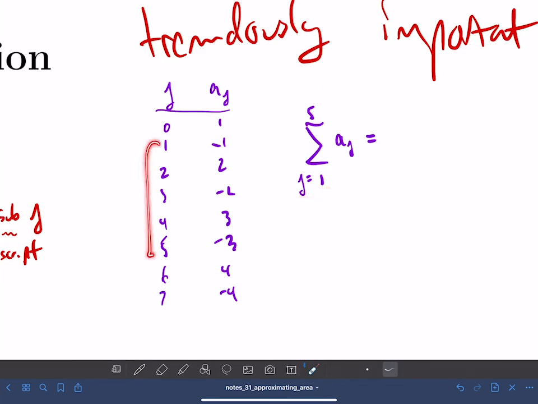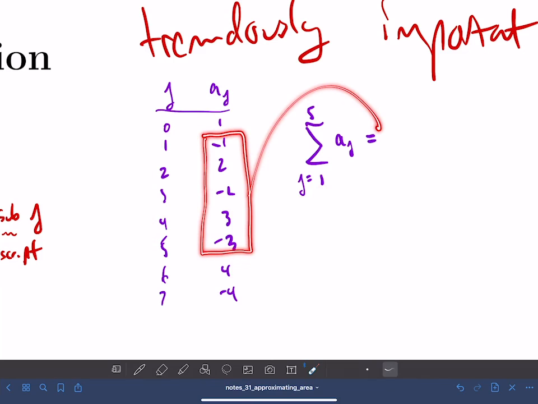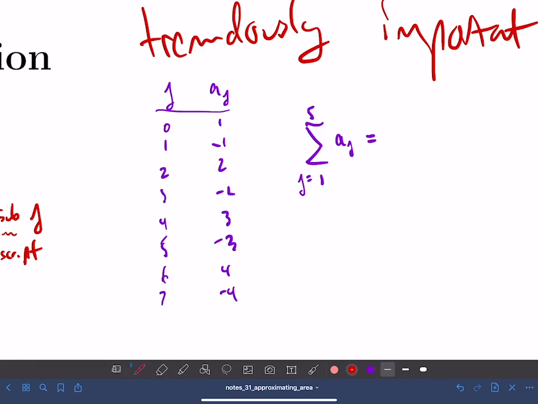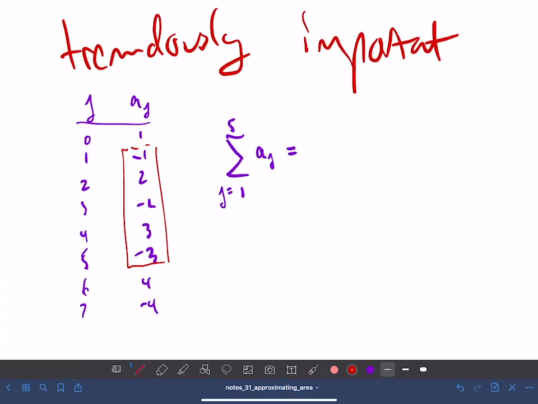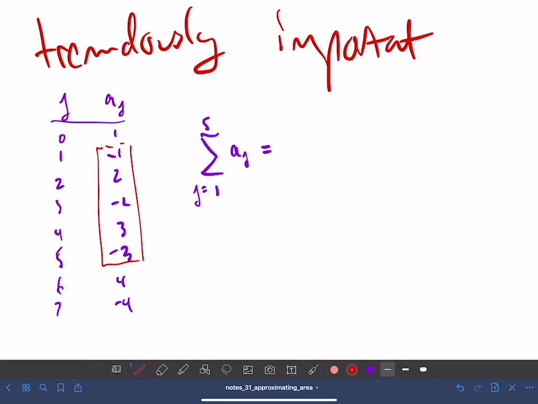I'm going to grab these values and add them up. So the sum from j equals 1 to 5 of a sub j is equal to -1 plus 2 plus -2 plus 3 plus -3, which is equal to -1.